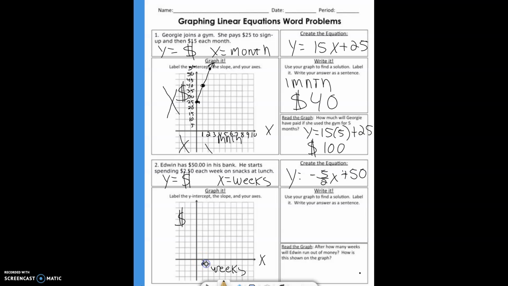We've got 2, 4, 6, 8, 10, 12, 14, 16, 18, and 20. Again, there's no set way. Just kind of want to get everything on your graph. And I think, again, maybe I'll go by 5s with the money.